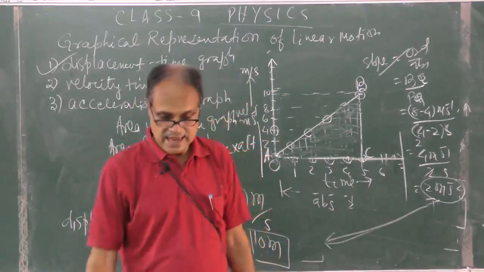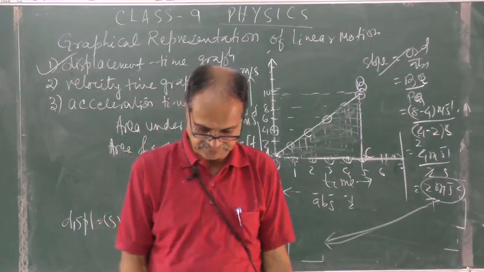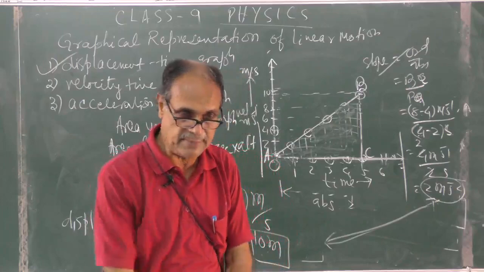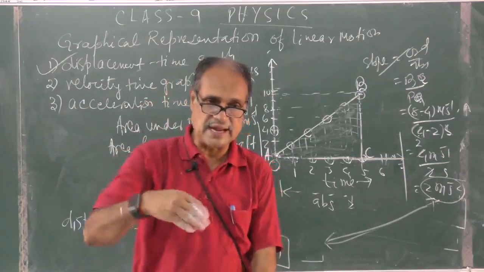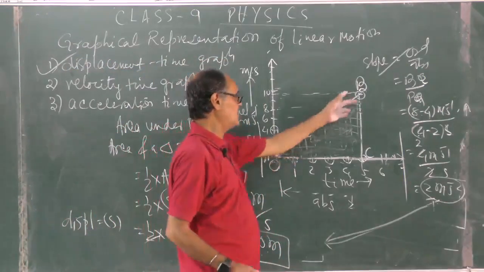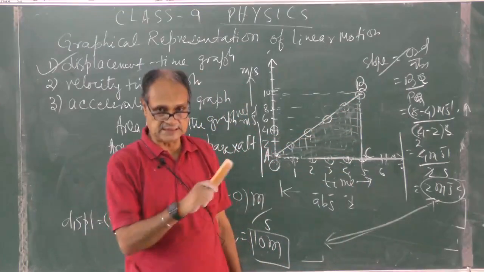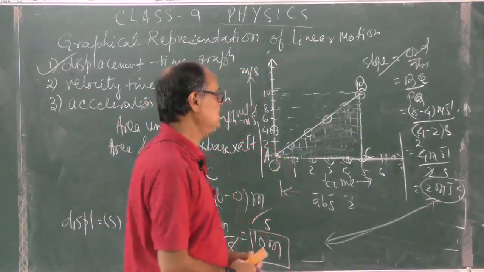Similarly, if it is a different kind of structure, maybe in your textbook downside and upside there is a diagram. Mind, it is not necessary that the graph line will always give you a triangle. It may be a rectangle if it is uniformly moving.